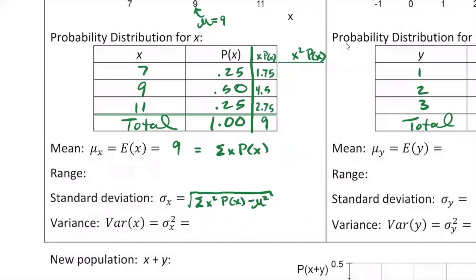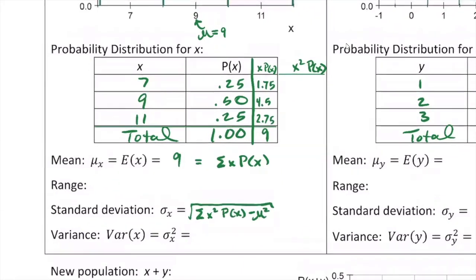Okay, so that's how you compute the standard deviation. Now to do that, x squared on the first row is 49. So you're doing 49 times the probability, which is 0.25. And it's 12.25. And then 9 squared times 0.50 is 40.5. And then 11 squared is 121 times 0.25. So that's 30.25.